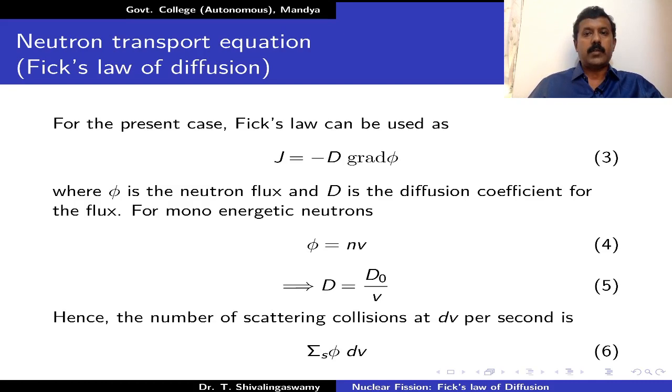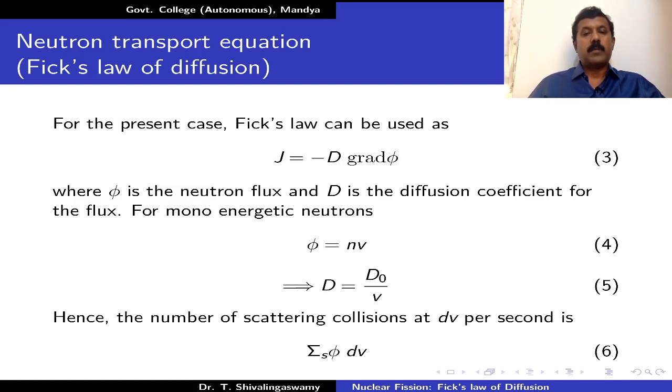For that, we need to calculate three important things. First one is the number of scattering collisions taking place at dV per second. That depends on the flux at dV and the volume of the element, and also the probability of these collisions.